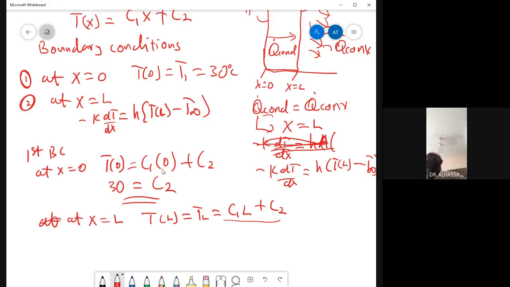Okay, so now let's see. Now I'm going to consider this particular equation.